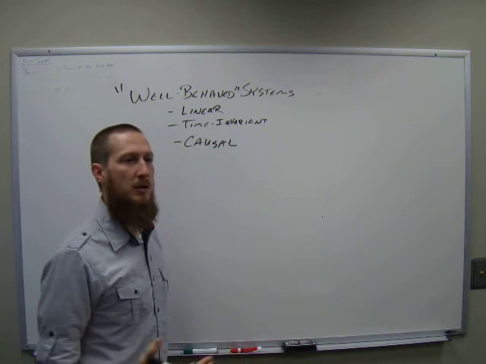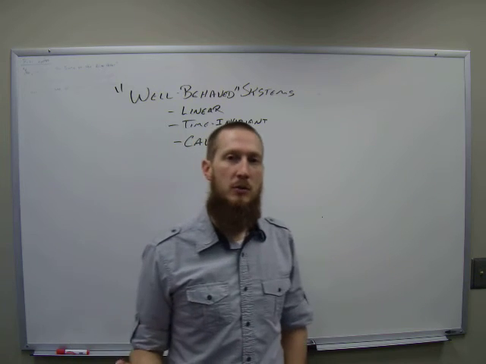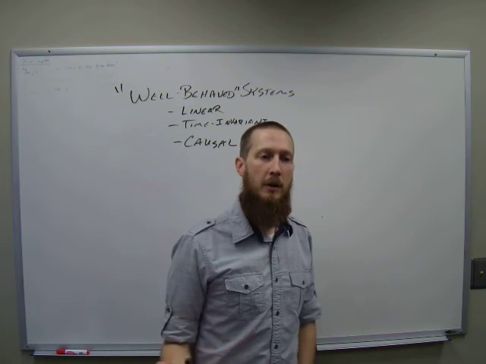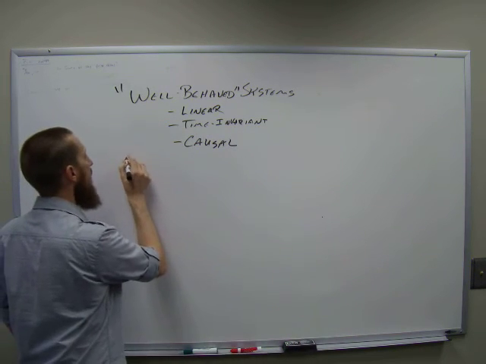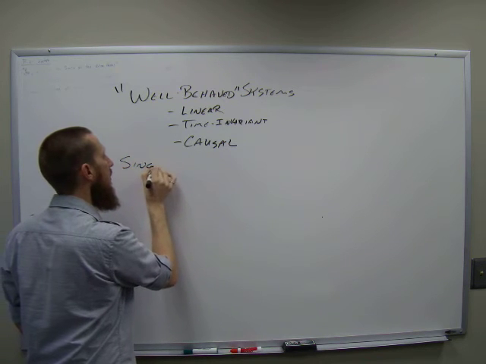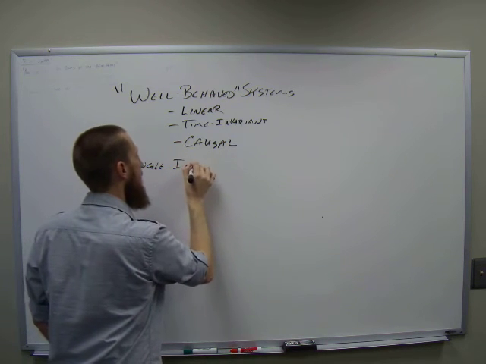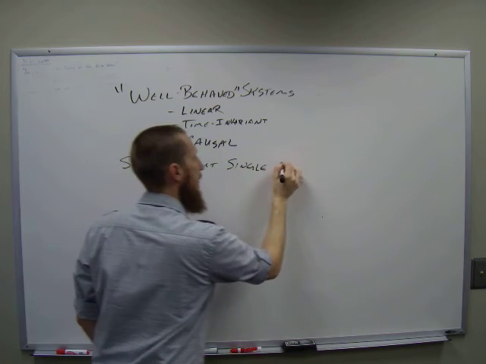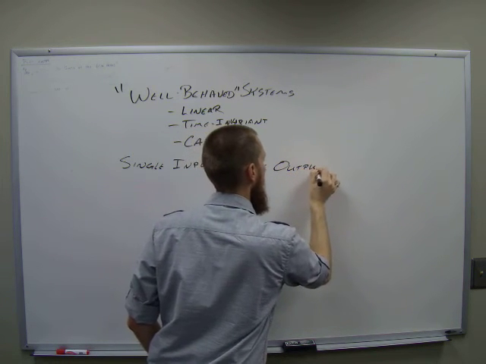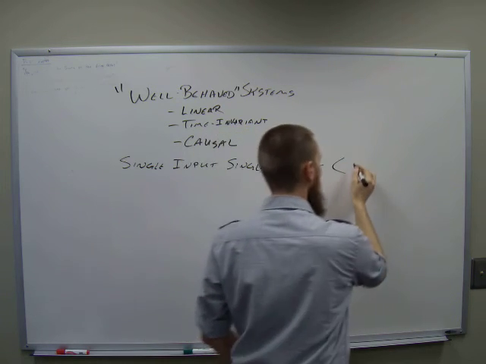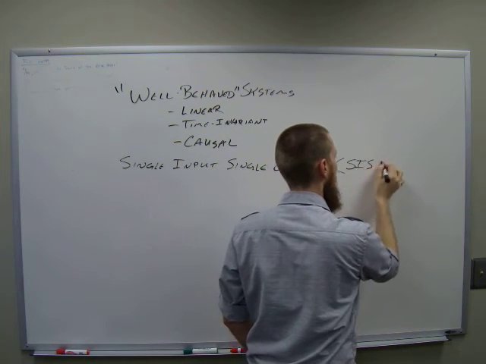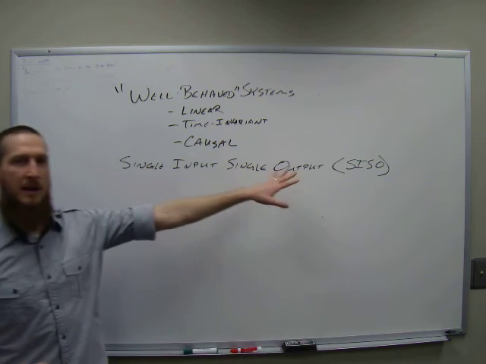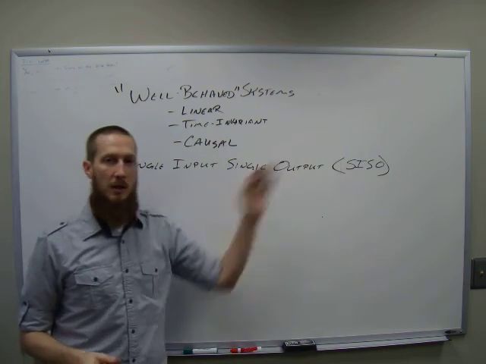We might break this towards the end of the semester if we get far enough ahead, but we're going to focus initially on single input, single output, which is referred to as SISO.